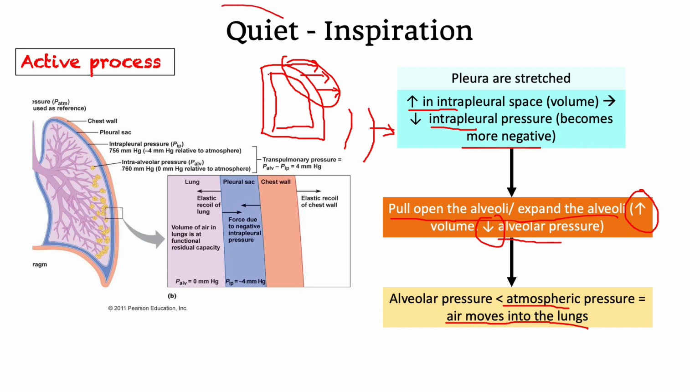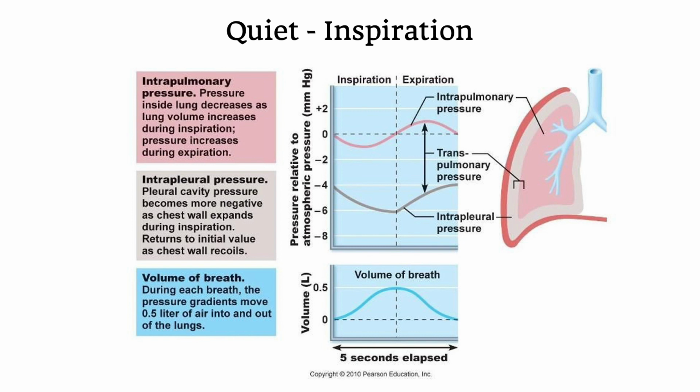So when we're talking about quiet breathing, the usual amount that is inspired is about 500 mils of air. Okay, so let us look here at the graph. This is also the same. This is what happened during quiet inspiration. If you can see, the pressure inside the intrapulmonary is decreasing during inspiration.